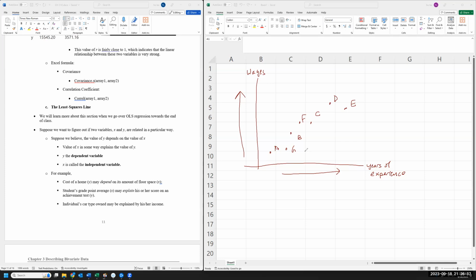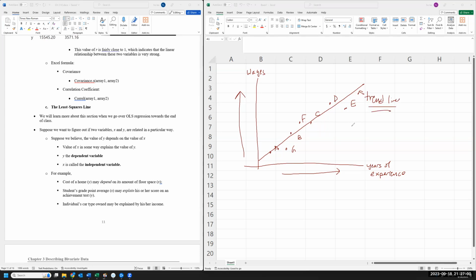Now, I don't know if you remember from the previous lecture, we inserted a quote unquote trend line. We used Excel and we figured out how to insert this trend line.